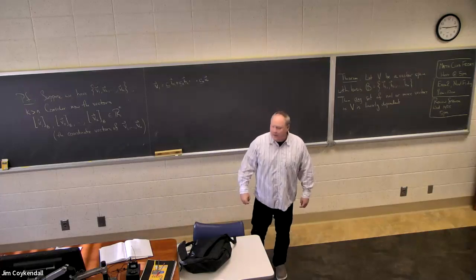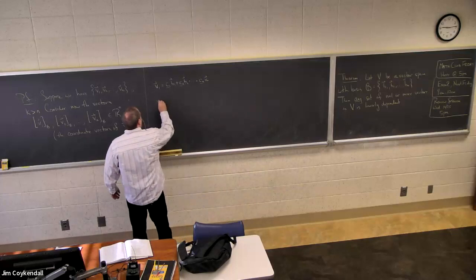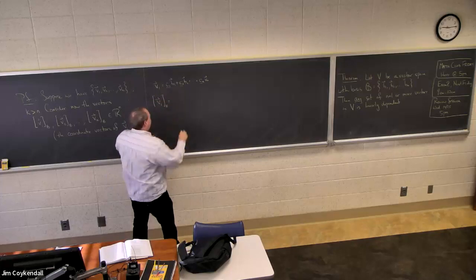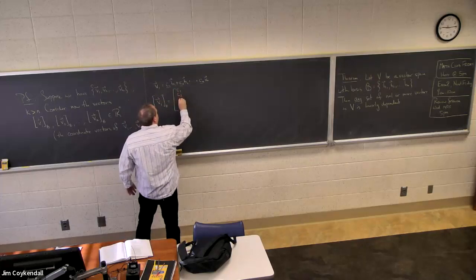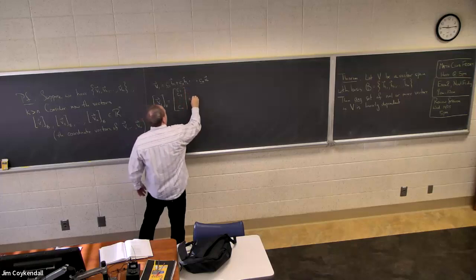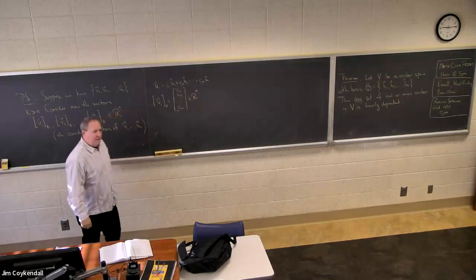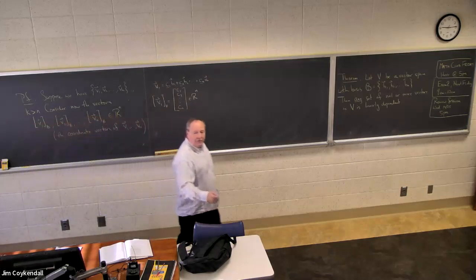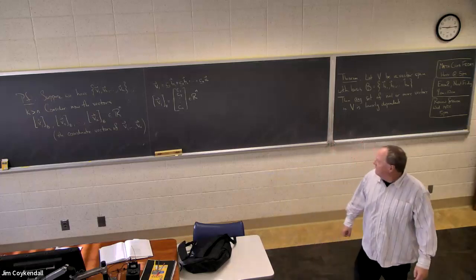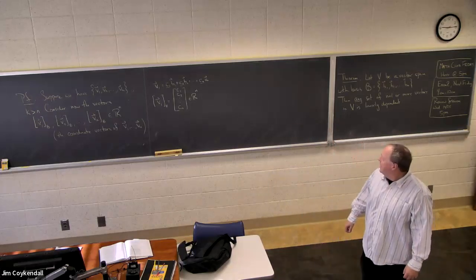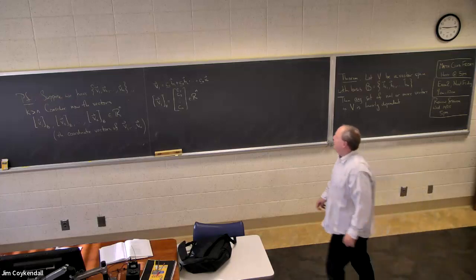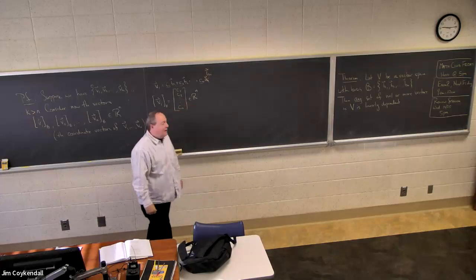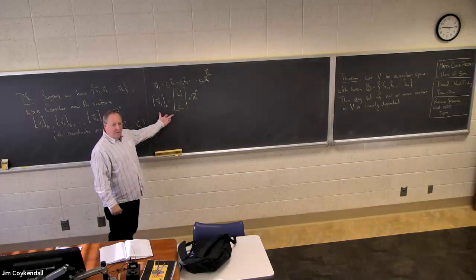Everybody agree with that? And so [V1]_B, this thing right here, is just this n-vector that I make out of these weights. Everybody okay with it? I think Jared talked about these coordinate vectors last time. Yes, sir. Why do you have these and then a B in there? Again, it's the magic markers thing. You're absolutely right. There we go. Is that better? All right. Okay, everybody with me so far?